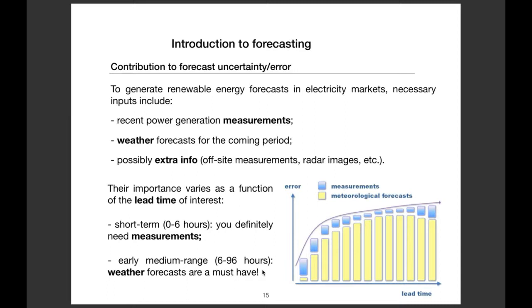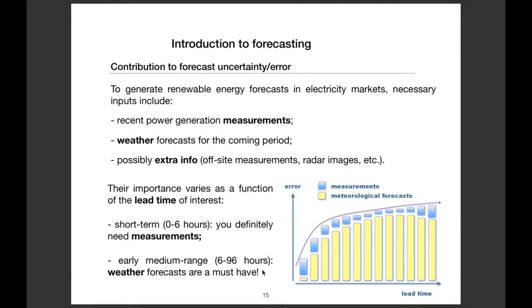So you will try to have some weather forecast of the solar irradiance. But it could also be interesting to have the last measurements of the PV plant, for instance the PV generation of the last 15 minutes. Like that, you can combine these two pieces of information and try to make a forecast of PV generation.